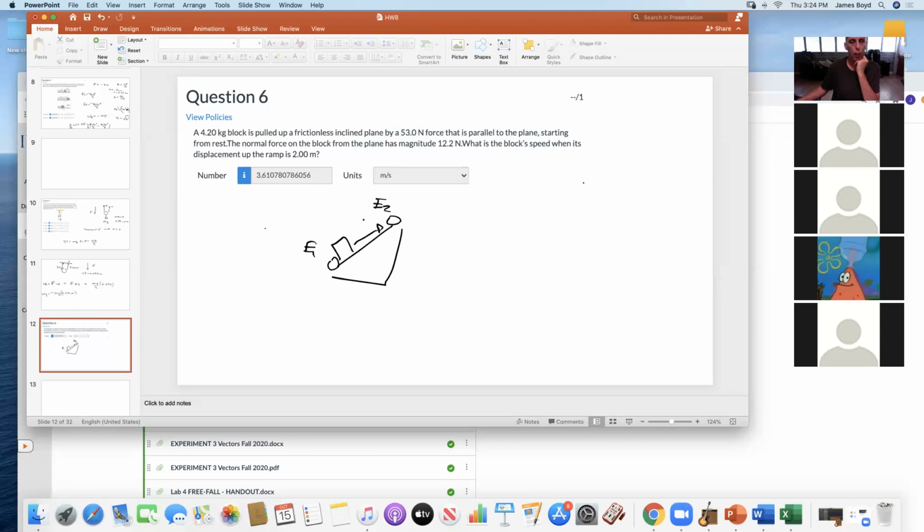Okay, and we're told what the normal force is so that we can find the angle, because we know that the normal force is equal to mg cos theta, and we've been given the mass, and we know the normal force. That's why you're given the normal force in this problem. And then we're told the displacement up the ramp. So once we have the angle, if we know that this is 2, the hypotenuse, and we know the angle, we can find y.